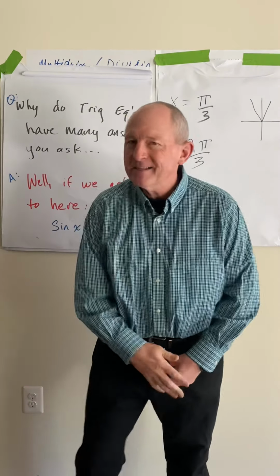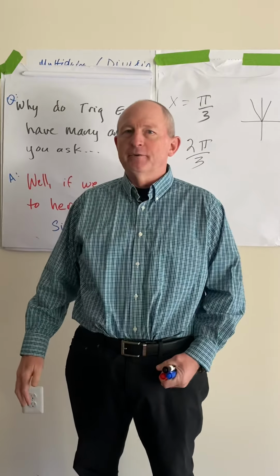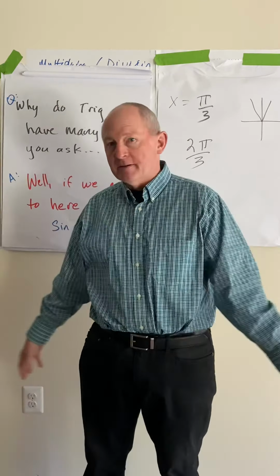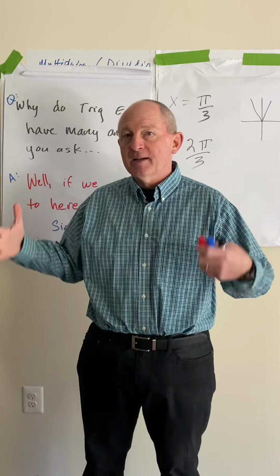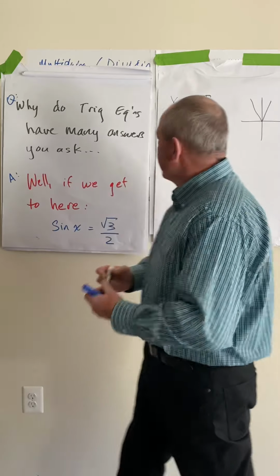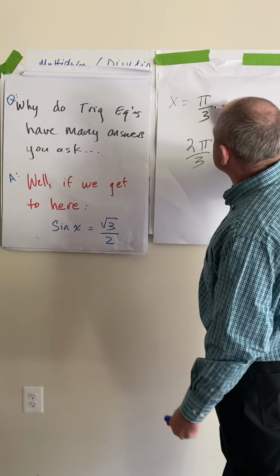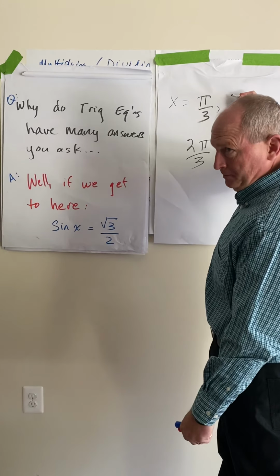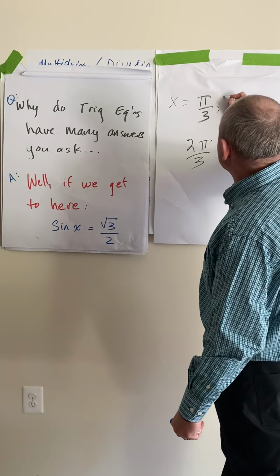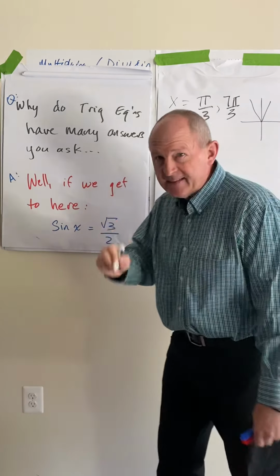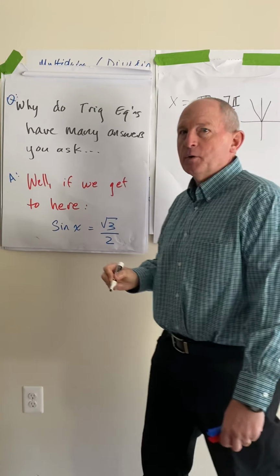But a lot of times, it doesn't restrict us to 0 to 2 pi, and so we've got to figure out all the values of x that have a sine of root 3 over 2. Well, if I were to add 2 pi to pi over 3, that would be equal to 7 pi over 3. You see, I added 6 pi over 3 to pi over 3.